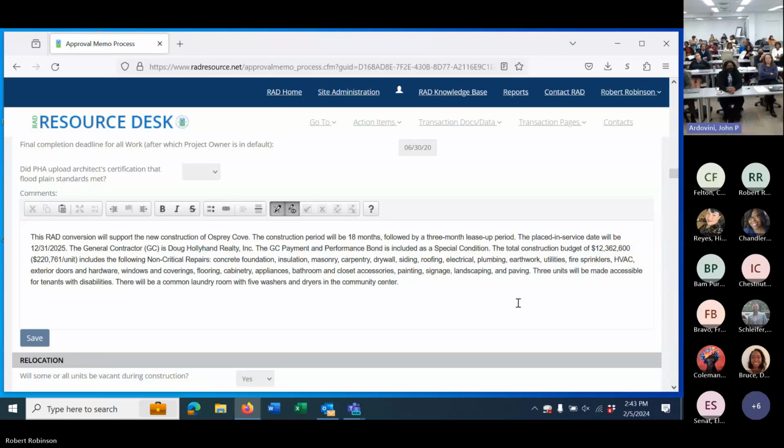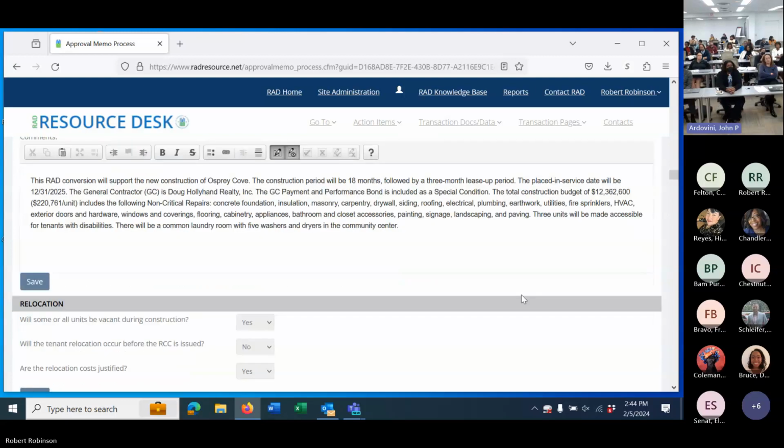We're not having you go in and retag all the 300 lines that showed up on your scope of work, but we're saying highlight some of the bigger items from your scope of work in this section, just to buttress the point that they're doing that much work. And then you would also provide how much work they're doing in terms of cost. If there's any critical repairs, you might also want to speak to that here. And the critical repairs are just items that are completed prior to the transaction closing.